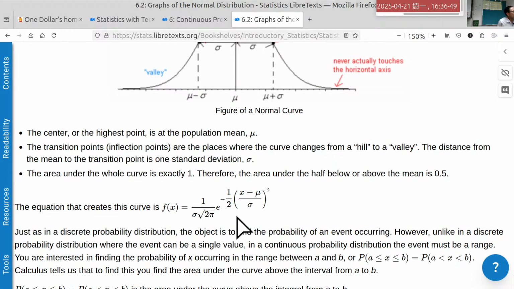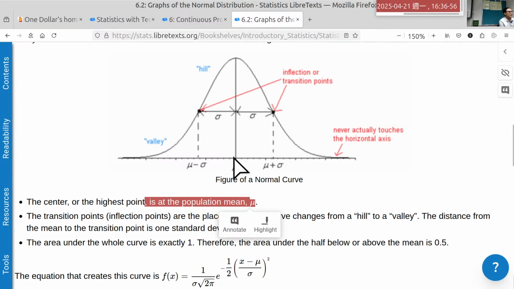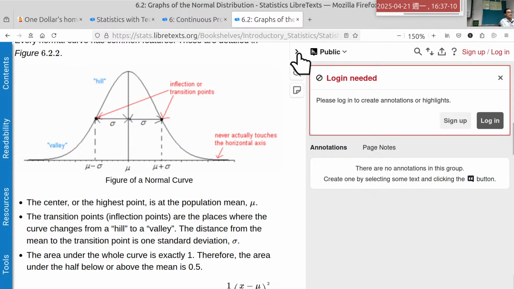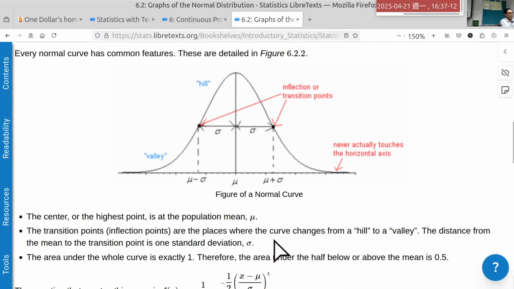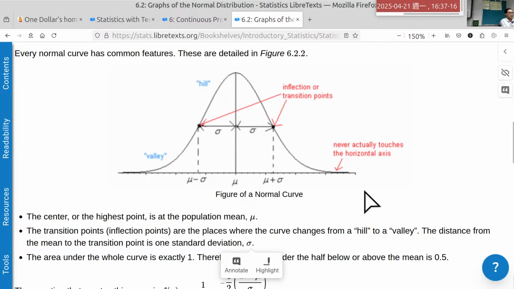The center of the curve, the highest point, is the population mean. The transition points, the inflection points, are places where the curve changes from a hill to a valley.